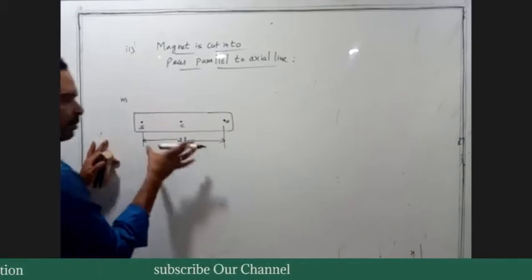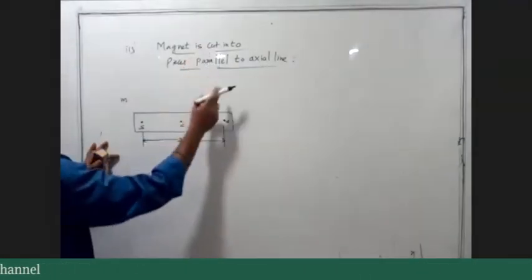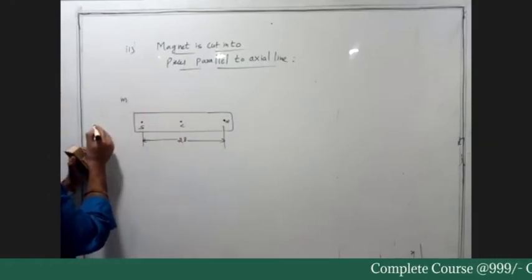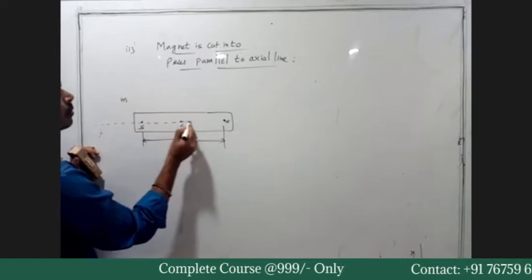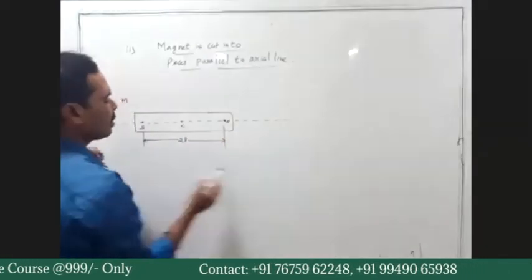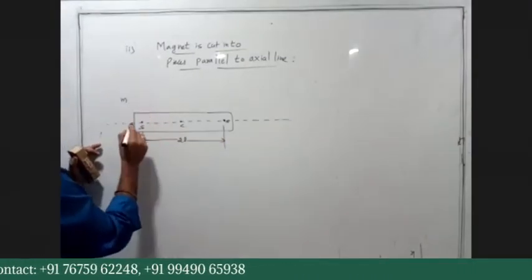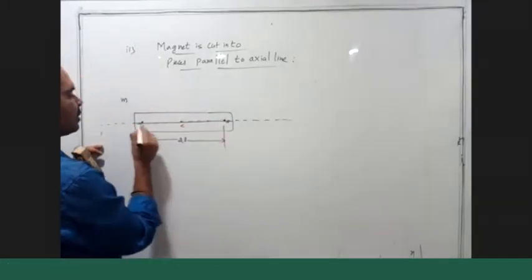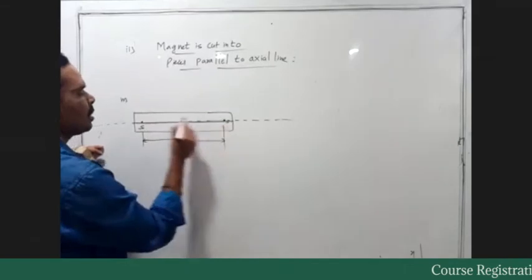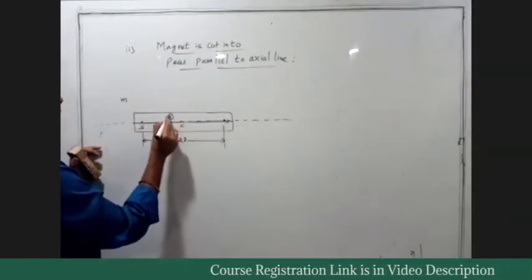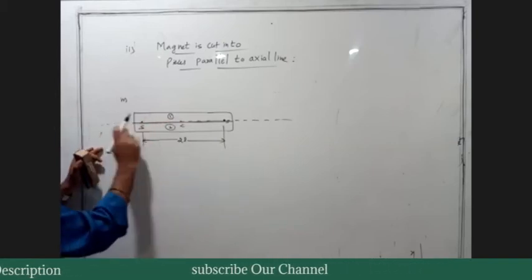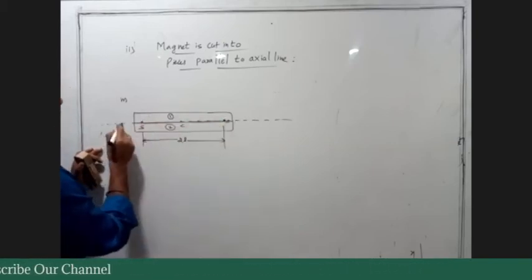Now I cut this magnet into two parts parallel to the axial line. This is the axial line. So I am cutting into two equal parts along the axial line, exactly like this. This is part 1 and this is part 2. So it is cut into two parts exactly along the axial line.